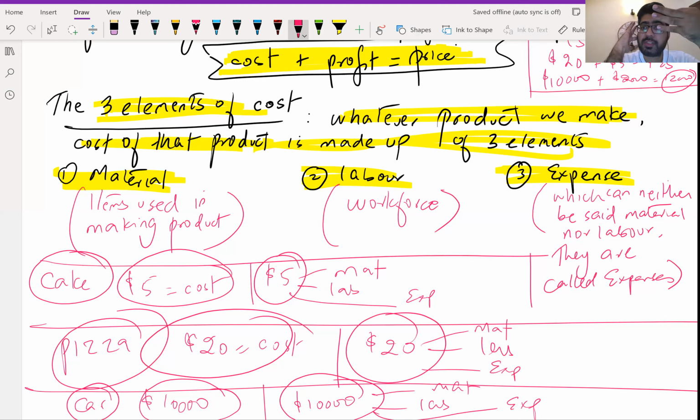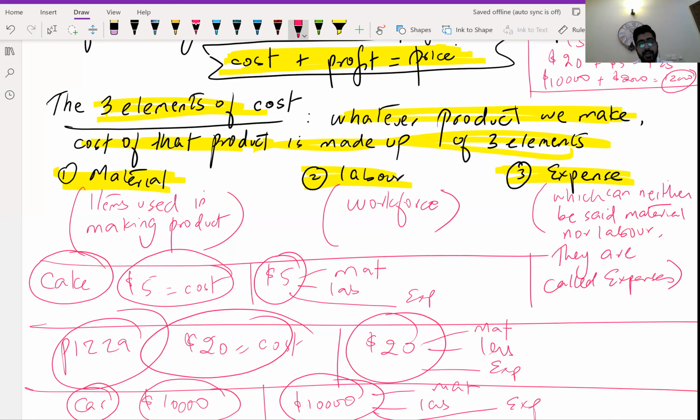Were there some items used in making the house? Yes, cement, steel, fiber, material. Were there some workers involved? Were they paid? Yes, labor. Was there any other thing? Yes, transportation, electricity. You cannot say it's your material. You cannot say it's your labor. So any other thing is called expense.